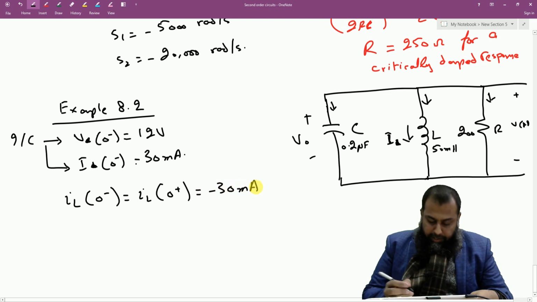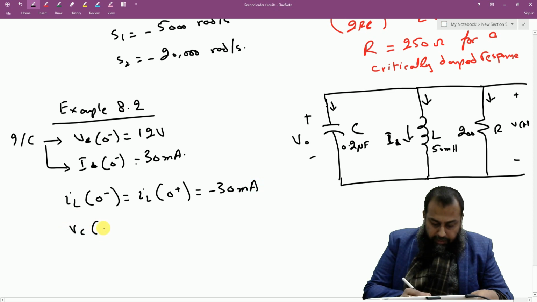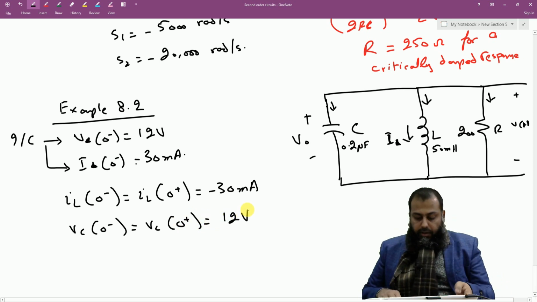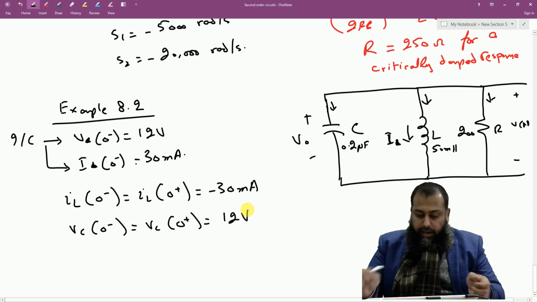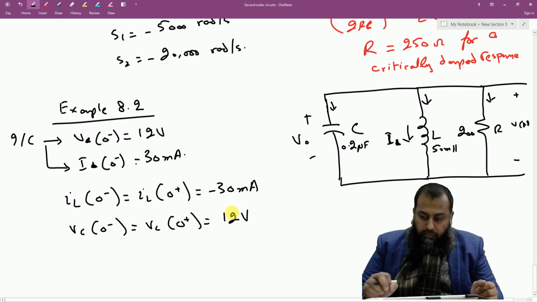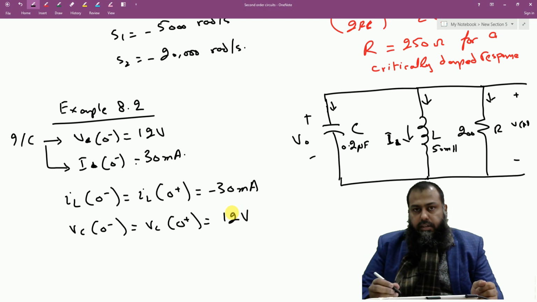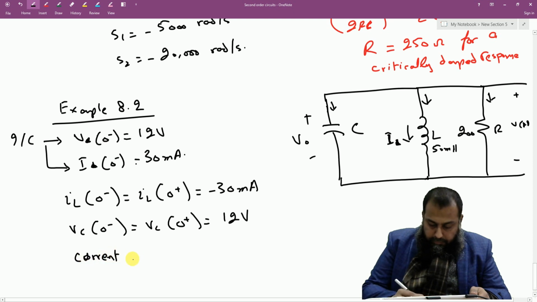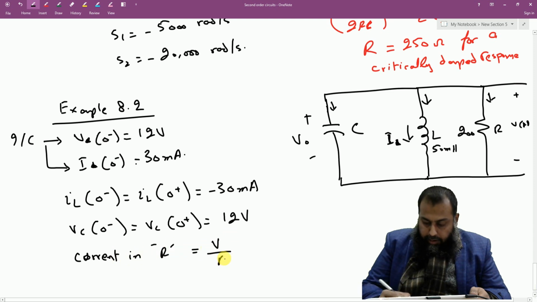The second important point here is that VC 0 negative is equal to VC 0 positive, and that is equal to 12 volt, right? Based on these two things, we can find the current flowing in this resistance R. So the current in R is equal to V over R, and that is equal to 12 divided by 200, and that is equal to 60 milliampere.